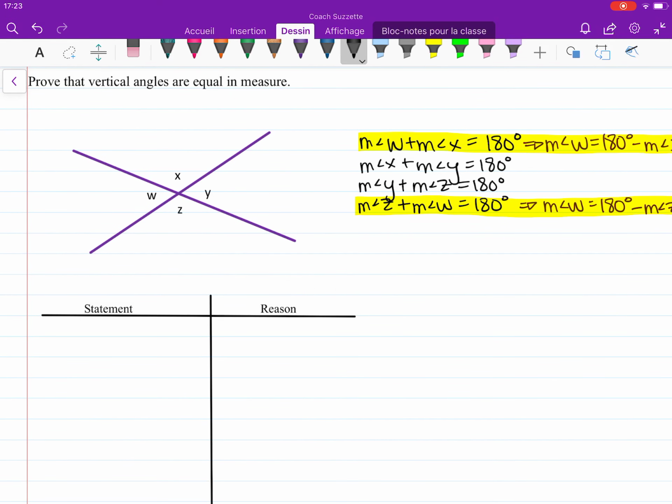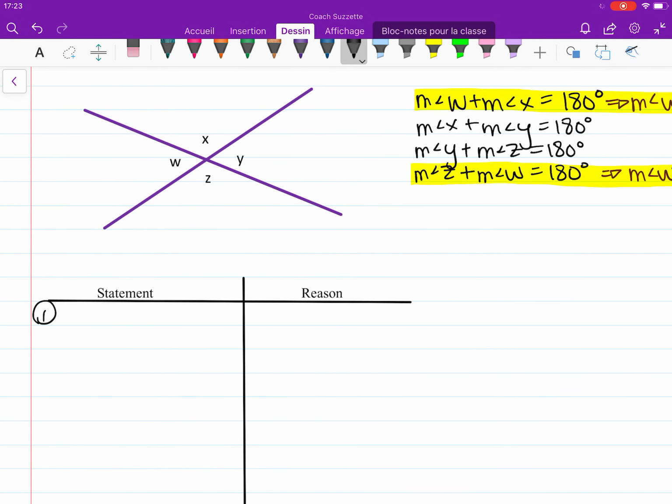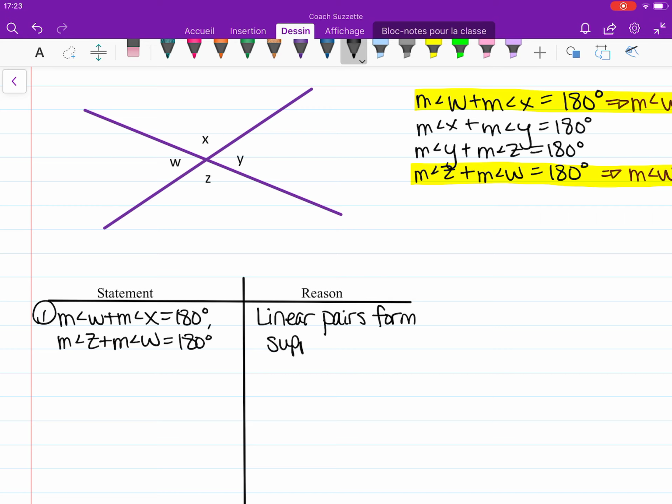So how did we come to these conclusions? We use the same reasoning for all of them. And that was linear pairs form supplementary angles. So, okay, number one, measure of angle W plus the measure of angle X equals 180 degrees. And measure of angle Z plus the measure of angle W is equal to 180 degrees. Same reason. Linear pairs form supplementary angles.